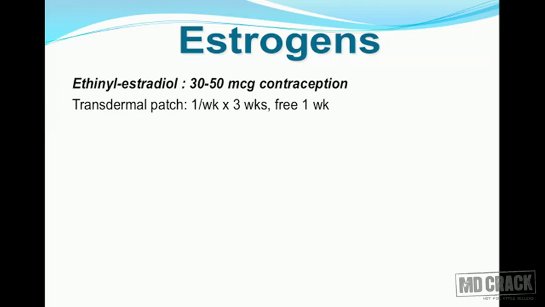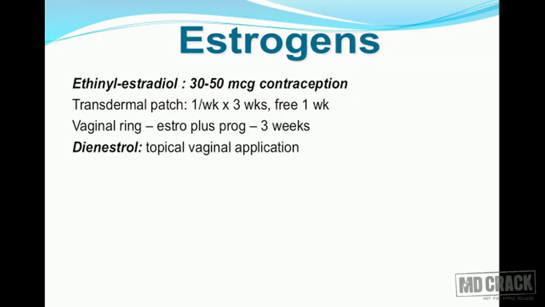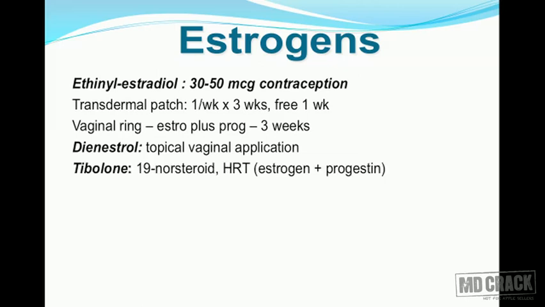The transdermal patch can be used, one patch per week for 3 weeks and the free period for 1 week. Vaginal ring can be estrogen plus progestin and it acts for 3 weeks. Dienestrol is available as topical vaginal application. Tibolone is a 19-nor steroid compound and is available as hormone replacement therapy in the form of estrogen plus progestin.